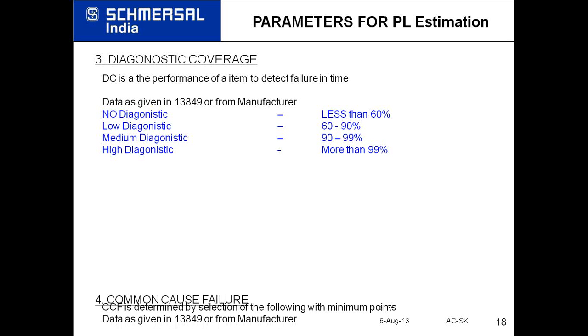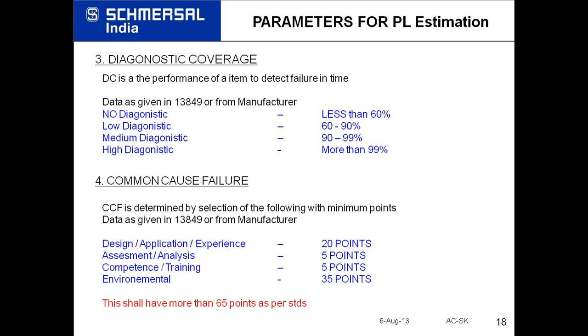And the fourth and last parameter is common cause failure. Common cause failure is something related to human beings, or the way we develop a safety system. In the standards, there are some questions given, related to design, assessment, analysis, competence, training, and environments, and you have to answer those questions.